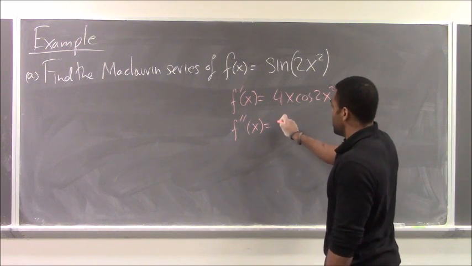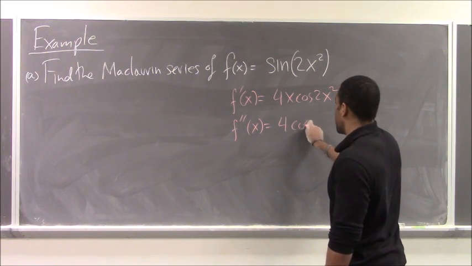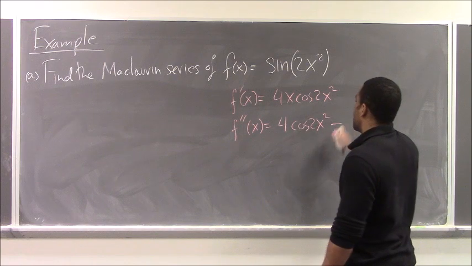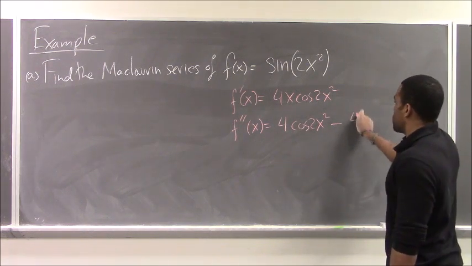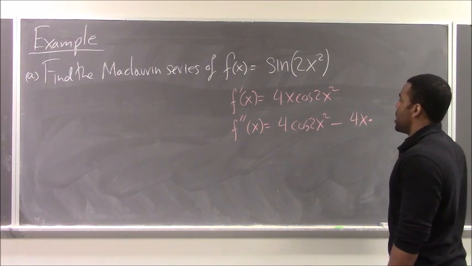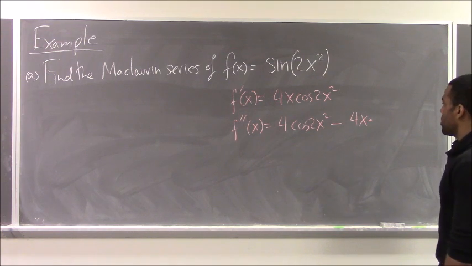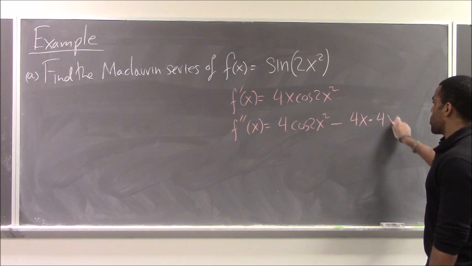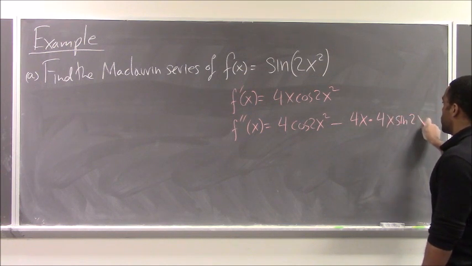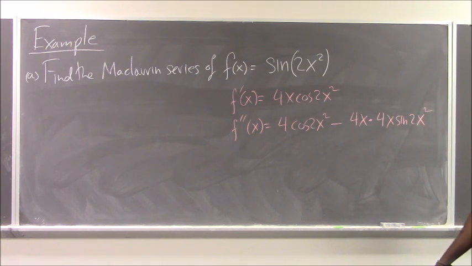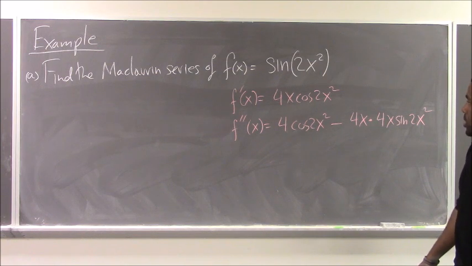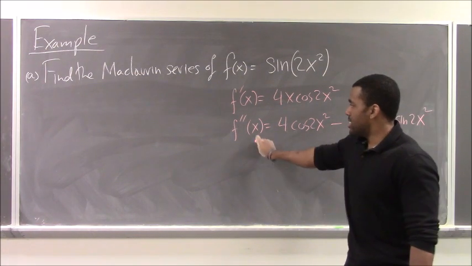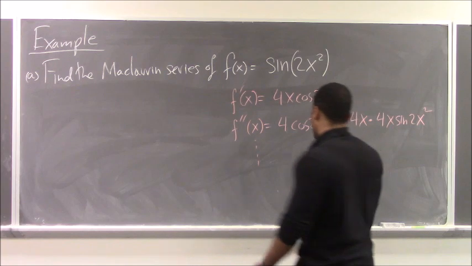So you would differentiate the 4x, leave the cosine of 2x squared, then leave the 4x, multiplied by the derivative of cosine 2x squared, which is another 4x sine of 2x squared. Then you can kind of see that this is actually going to start ending up being very annoying, right?